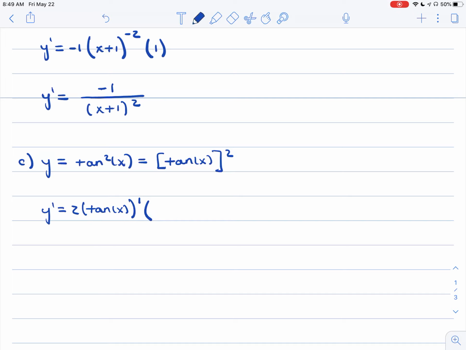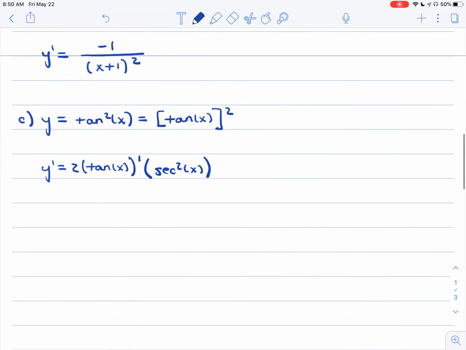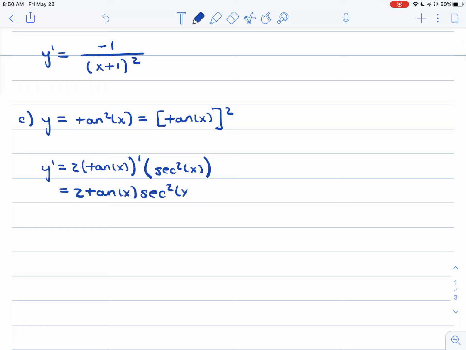And hopefully you remember from the previous video that the derivative of tangent is secant squared. All right, and then I can just clean this up a little bit, just losing some of the parentheses here. So we would have 2 times the tangent of x times secant squared of x. And that's our derivative.